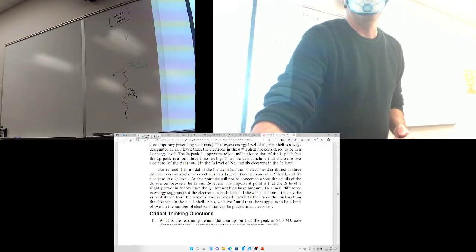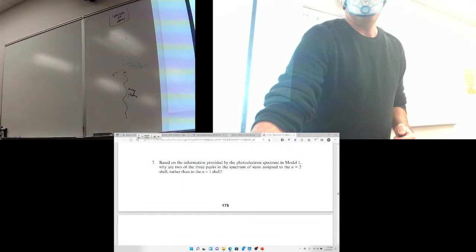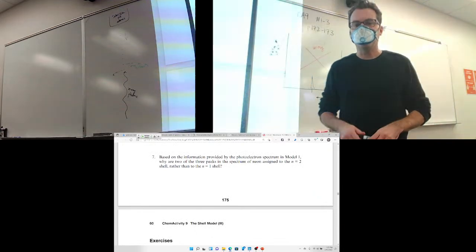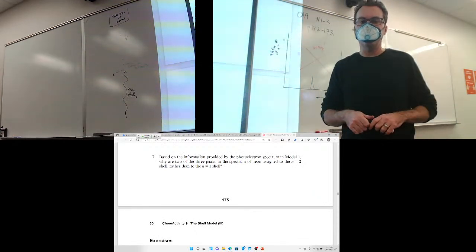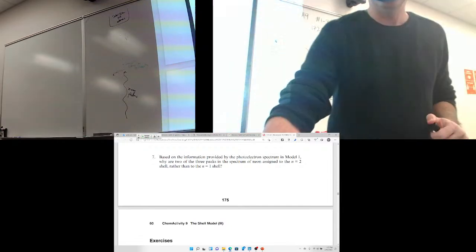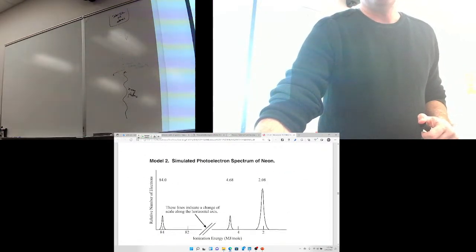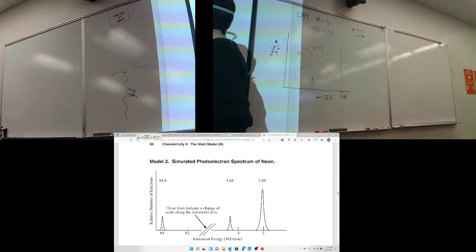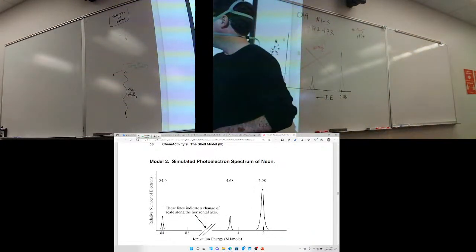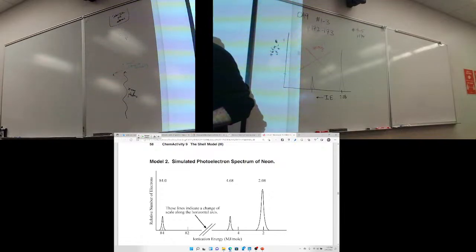Okay, what was the other one? 7, on the information provided, why are two of the 3 peaks assigned to the n equals 2 shell rather than n equals 1? Now using our new model, these are both shell 2, but these electrons are from the 2s subshell.